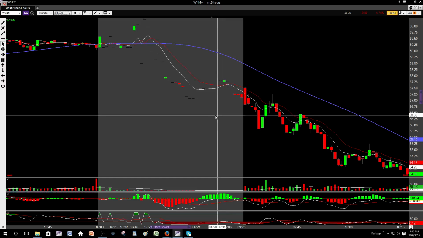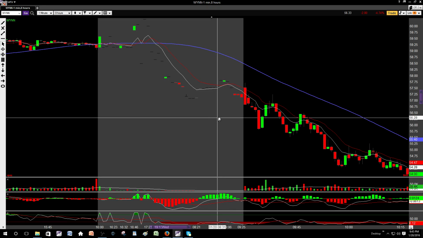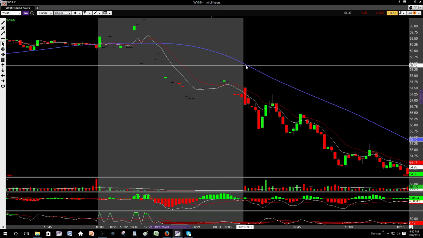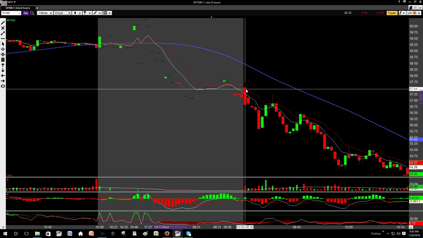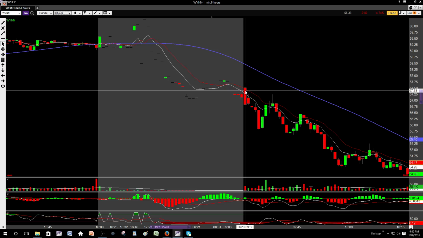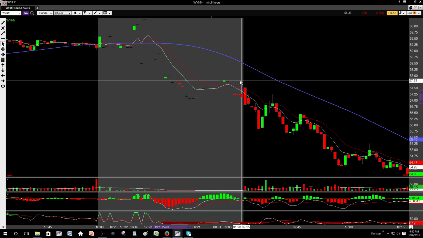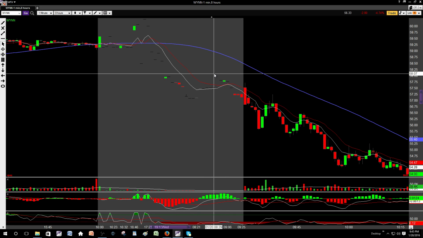So what I was looking for was a pop at open, and I was actually looking for a pop somewhere to like the 58 area. But when I saw that the trade was already coming into play, I just initiated the short position right away, and I was risking into this range over here.